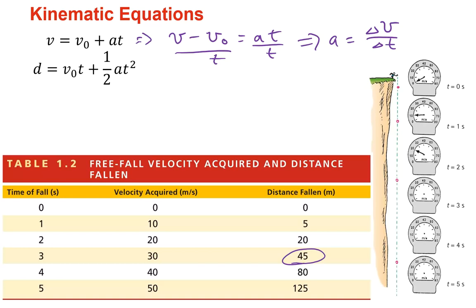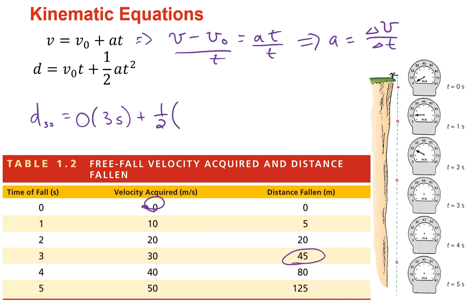Oh, right. So how we would do that is we would say, okay, the distance at 3 seconds, so I'll put a subscript 3 seconds, is equal to the initial speed. Well, what was the speed when it started? It tells us it started at 0. 0 multiplied by 3 seconds plus 1/2 the acceleration.